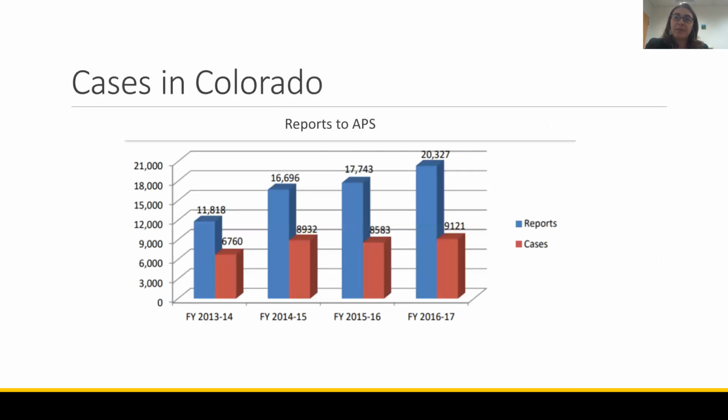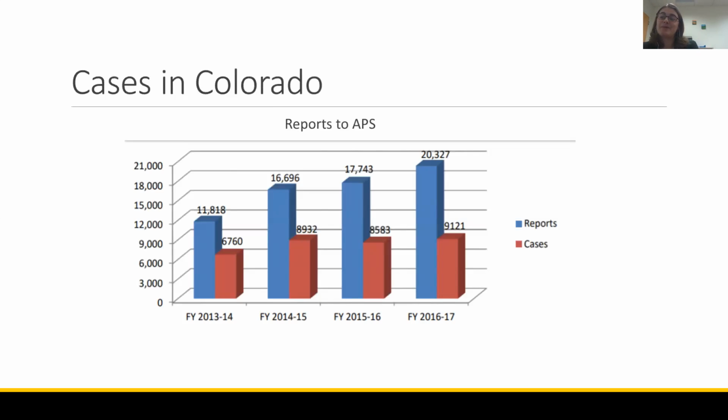So what's the scope of the problem in Colorado? If you're looking at Adult Protective Services data that was available at least a couple of months ago when I pulled this, we see about 20,000 reports to Adult Protective Services each year. About 9,000 of them they actually open cases on. APS has a very strict mandate of who they can serve and who they can help, and they have a different definition of vulnerability.